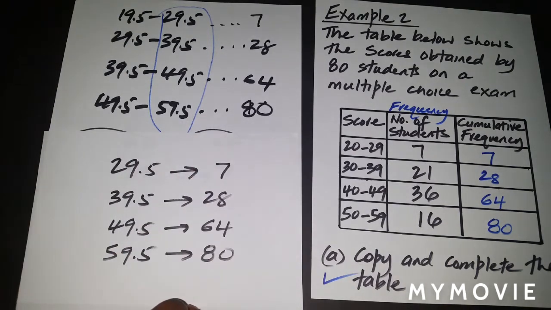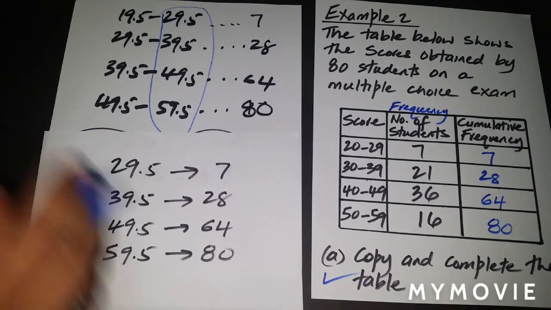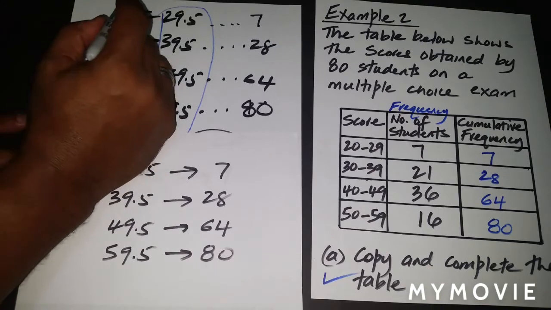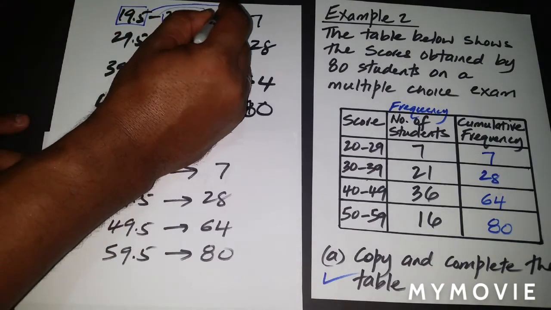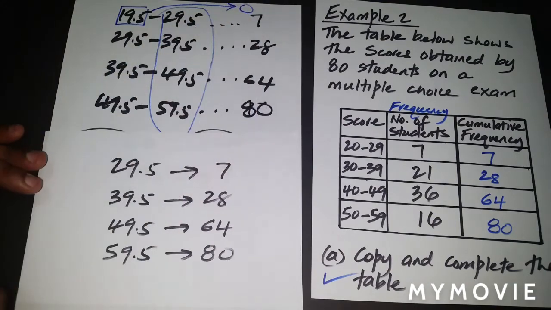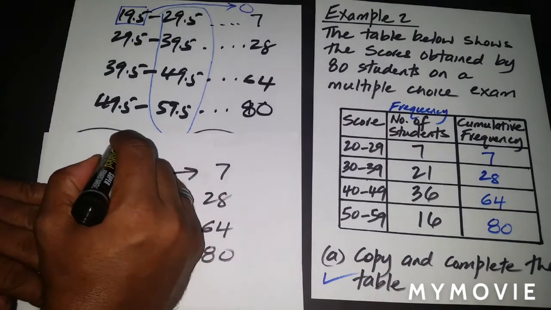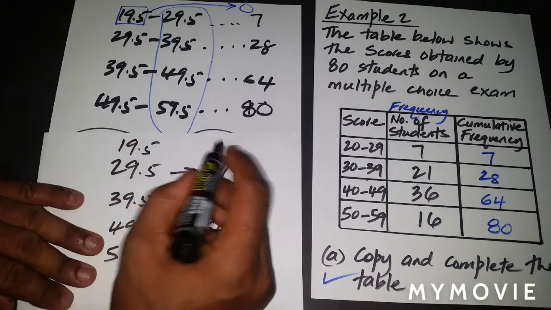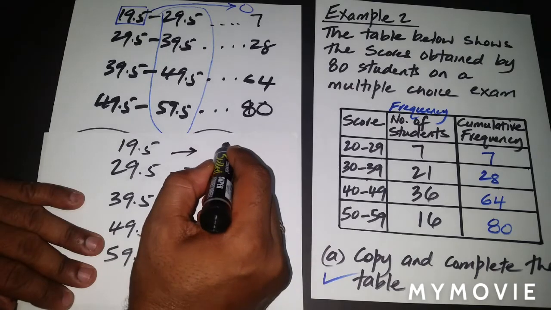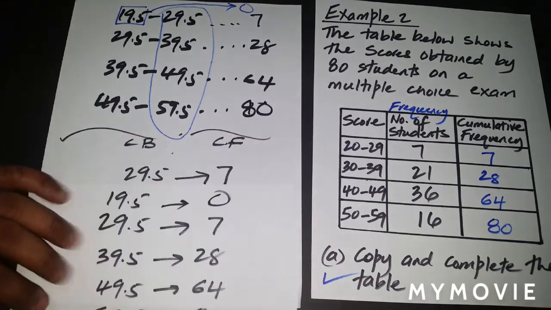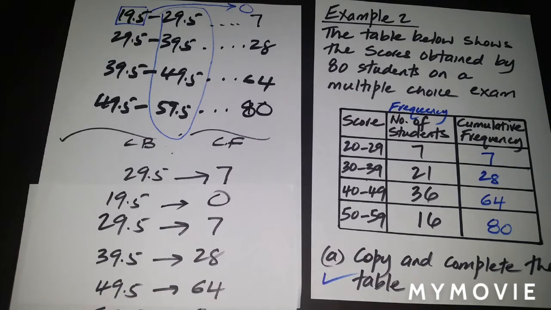You should remember that because without that, the curve would not be touching the horizontal axis. So this guy here, 19.5, actually maps with 0. So we have to remember that.